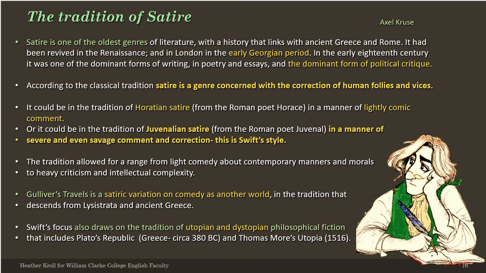Because remember, in this elective, you have to understand the context before you can really draw out the teachings of the text. According to the classical tradition, satire is a genre concerned with the correction of human follies and vices. That's a really lovely definition of satire, and it applies to memes, doesn't it?